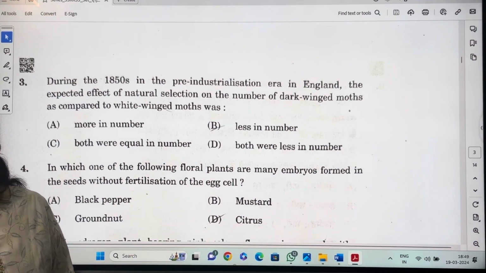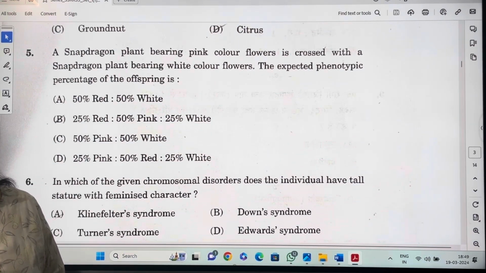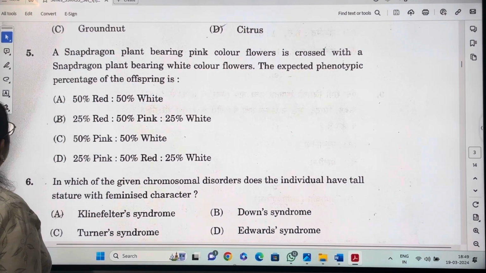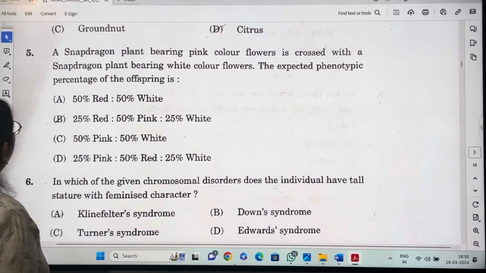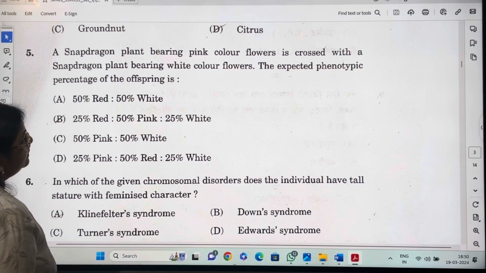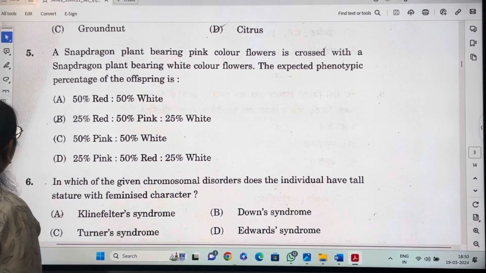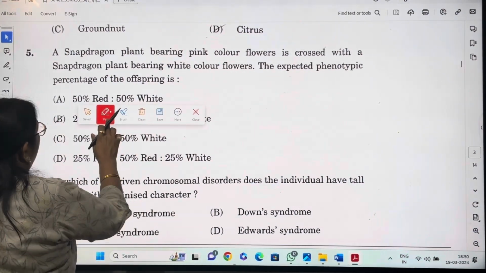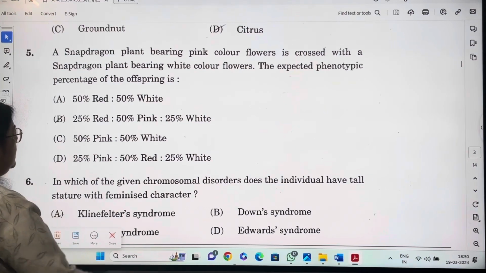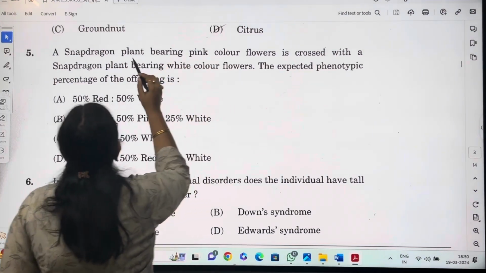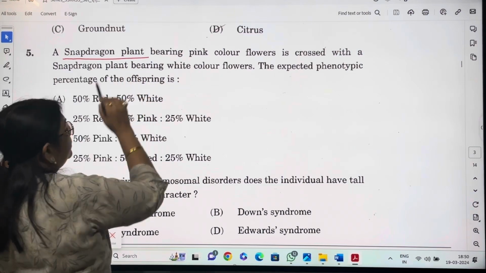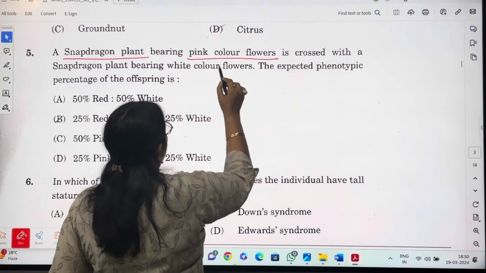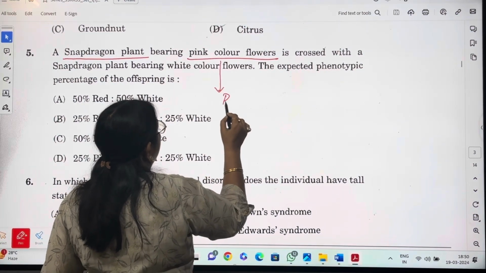Fifth question, a snapdragon plant bearing pink color flower is crossed with a snapdragon plant bearing white color flowers. The expected phenotypic percentage of the offspring is 50% red and 50% white. Let's see the answer. So the snapdragon plant shows incomplete dominance, and pink color flowers have the genotype of capital R, small r.